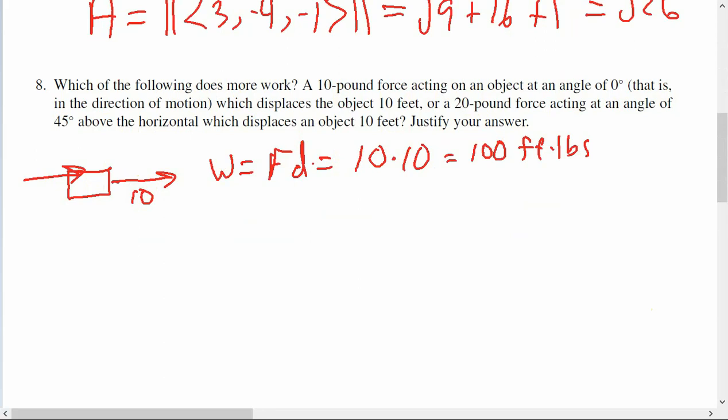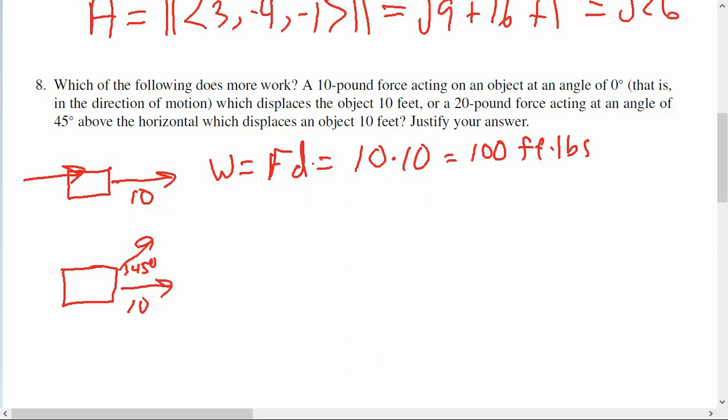Okay. Now, the second one, I'm applying the force at an angle, and it's a 20-pound force that's being applied, and this time I'm displacing it still 10 feet, but this is at an angle of 45 degrees from the horizontal.